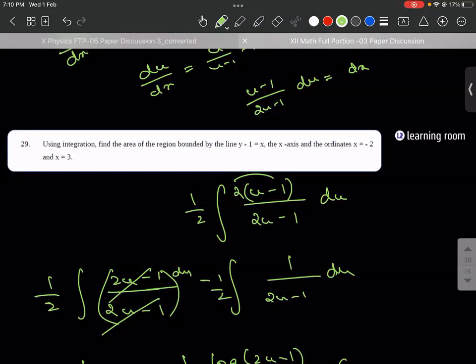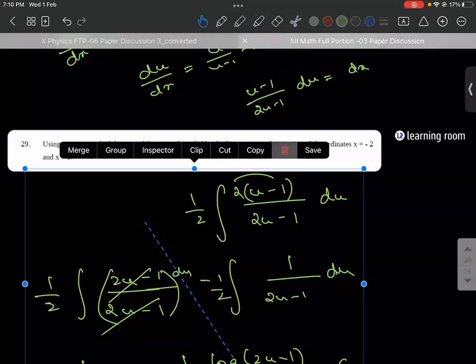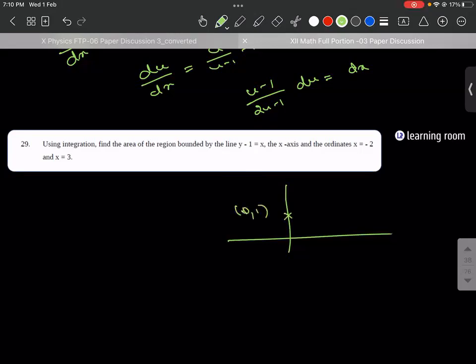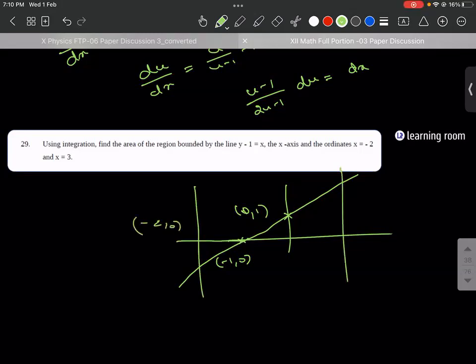So how to solve this? Y is equal to 1 plus x, x is equal to 0, y is equal to 1. Y is equal to 0, x is equal to -1. Okay, there's the line. X is equal to -2 is here. And x is equal to 3 is here.